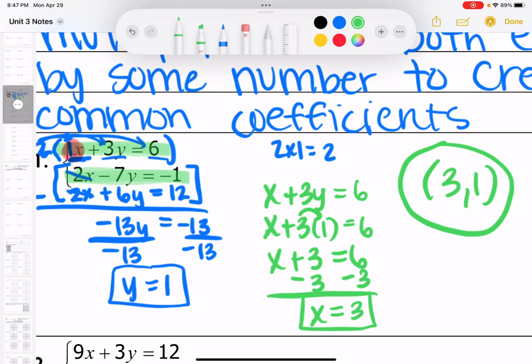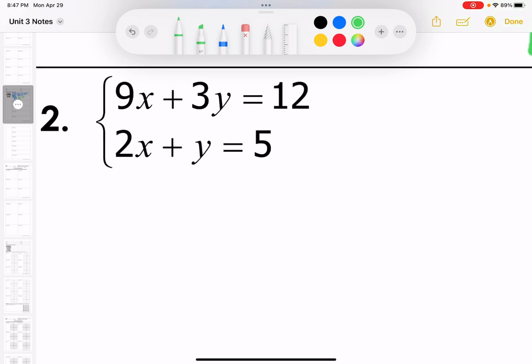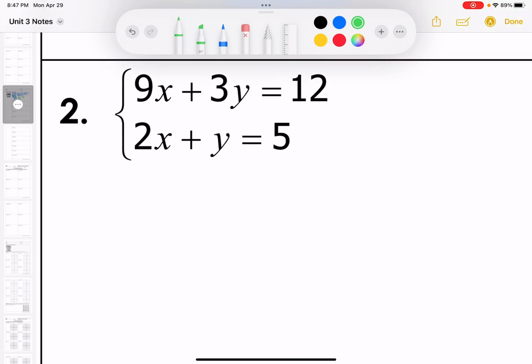All right, let's look at another example. Number 2, we have 9x plus 3y equals 12 and 2x plus y equals 5. So I'm going to decide to eliminate the y variable because this y in the second equation doesn't have a visible number beside it.